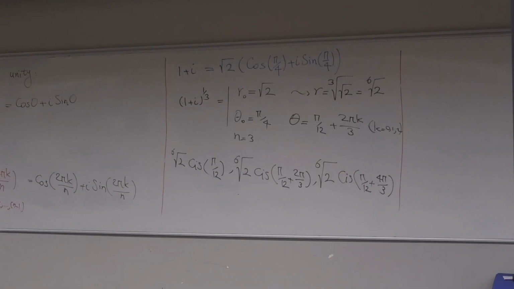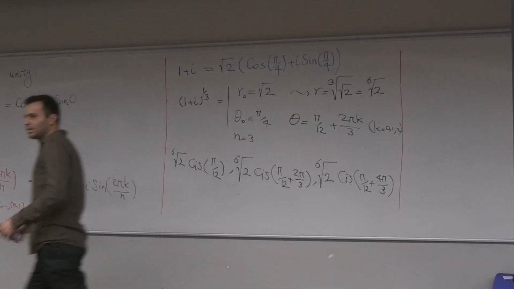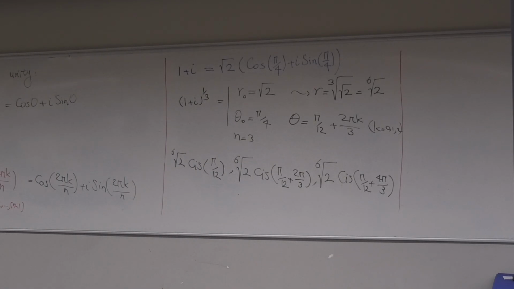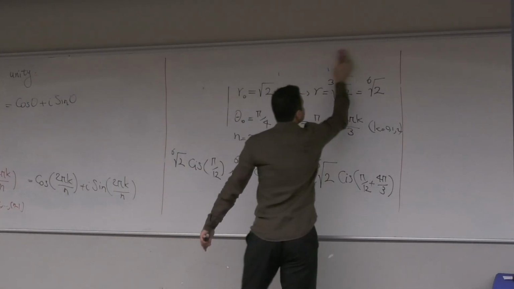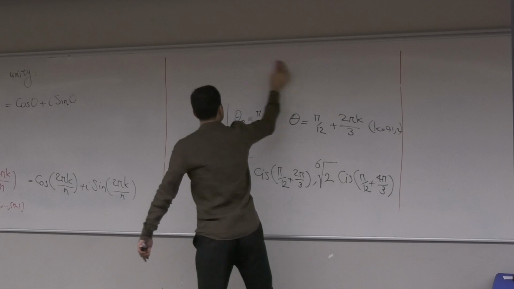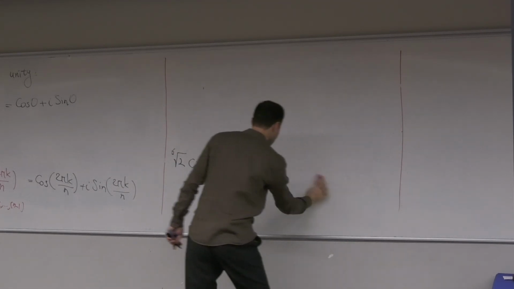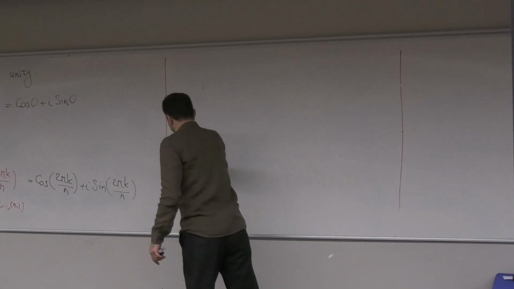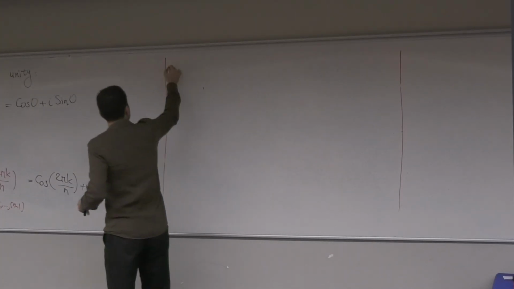If our n is equal to 2, if we want to find the second roots of 1, what will happen? Let's go with n equal to 2.